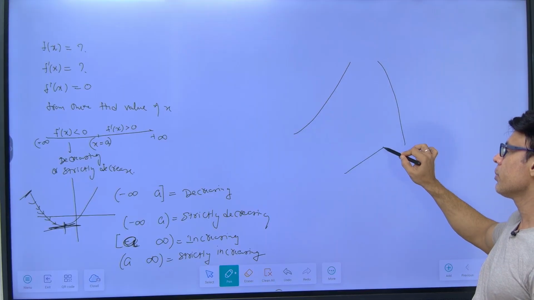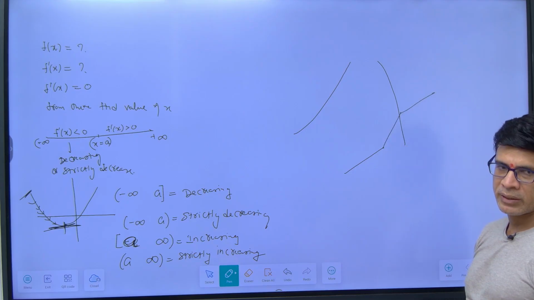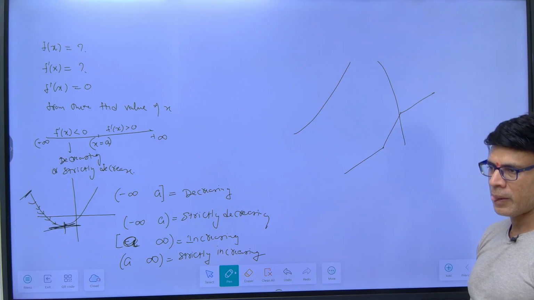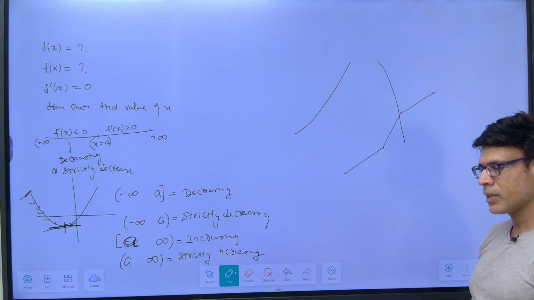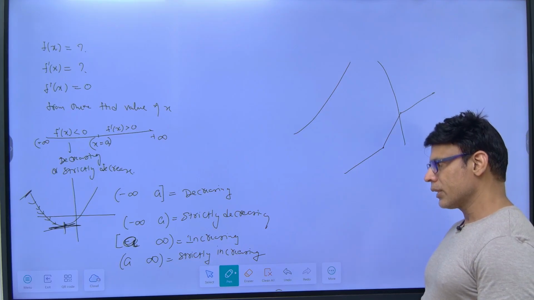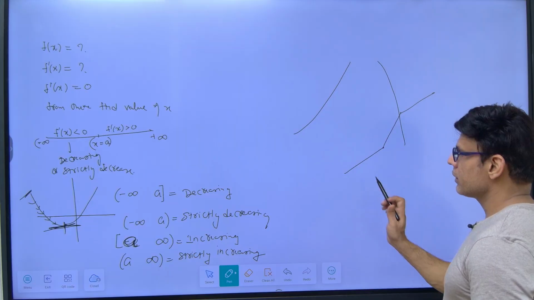Increasing is going up, taking a break, going up, taking a break. Basically, a non-stop train is strictly increasing or decreasing. Suppose you are flying from here to Delhi non-stop. That is called strictly increasing or decreasing. Is this clear?